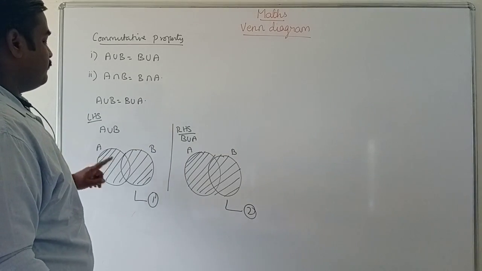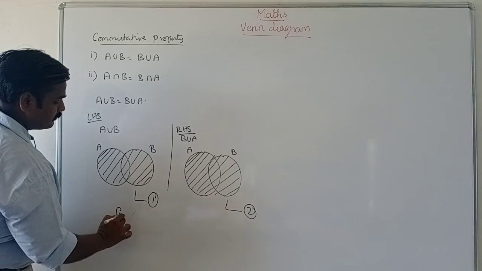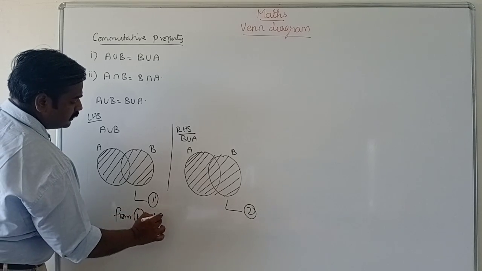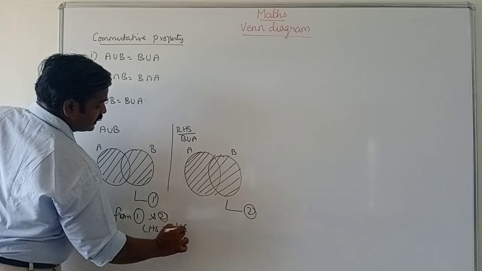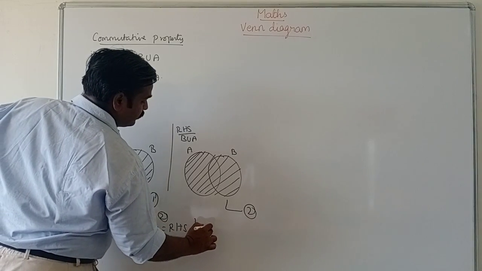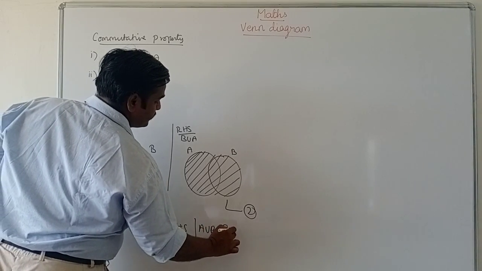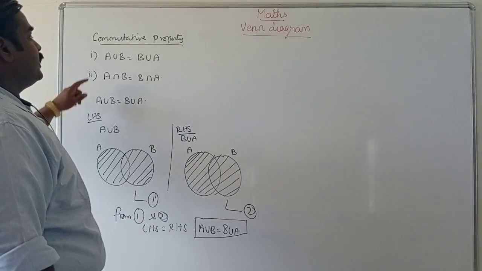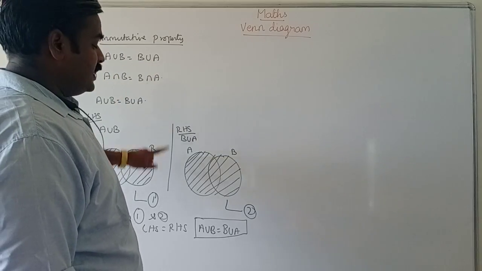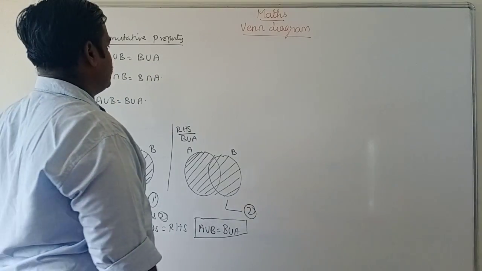You can see from 1 and 2, LHS equals RHS. Therefore, A union B equals B union A. This is the commutative property of union of sets. It's verified.